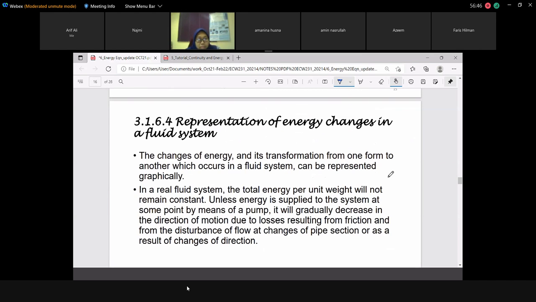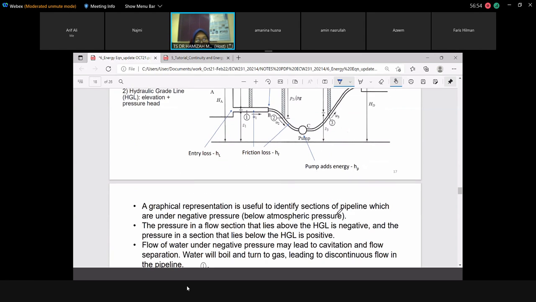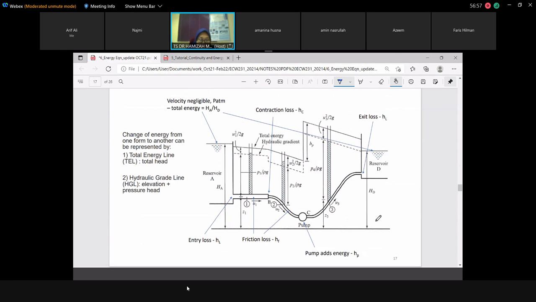Okay, this is the explanations on the energy. You can read this one later. Okay, so apa yang saya ceritakan tadi, it also can be represented as the design. So basically, you kena belajarlah how to read the design. This is the design of the reservoir. So from this design, they provide all the informations on the total energy line, TEL. So kita ada total energy line. Yang atas ni, yang not dotted.